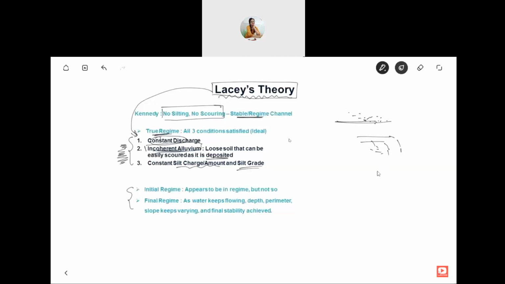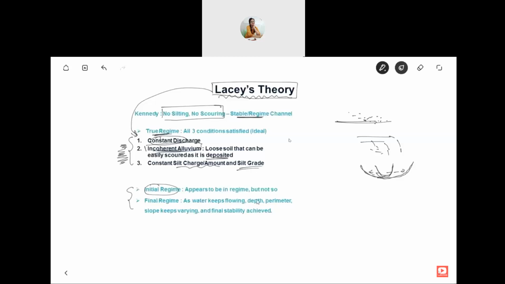If it is a fine silt, it will be something like a semi-elliptical section, and if it is coarser silt, the width will be even larger. And depending on the silt size, silt gradation, etc., the width keeps on varying until a stable regime is formed. So this is known as initial regime.